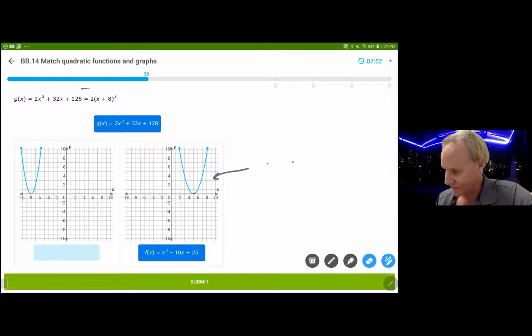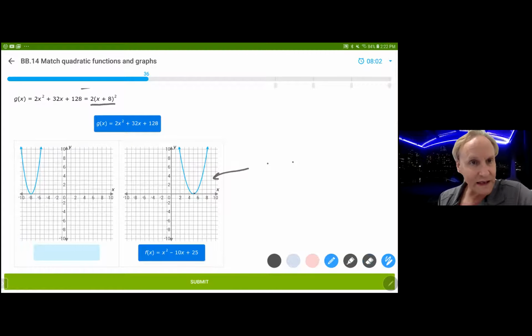This one is extra steep because it's got a 2 in front of the x squared. And they also told us, based on this, that -8 is my 0. Remember, whenever you 0 the square part, that's where your vertex is. So that's why the -8 is my vertex. -8 does give me 0 when it's squared. So there it is. So I'm going to move it over there for you.